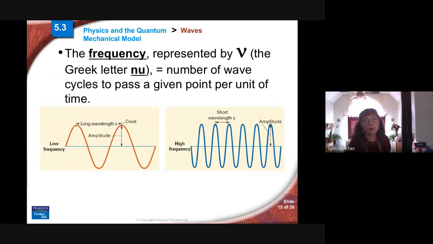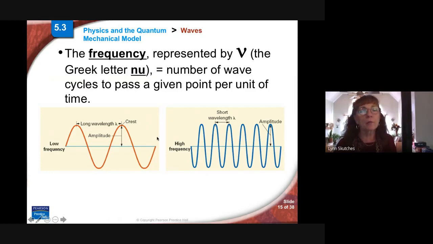Another part of light is the frequency of the waves. How many of them go by in a certain amount of time? If we imagine this blue line to represent an interval of 1 second, you'll notice there's one wave, 1, 2, 3 nodes, right? From this point on this wave to the same point on the next wave, that's one wavelength.